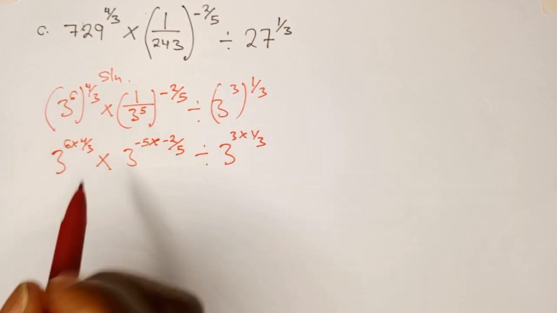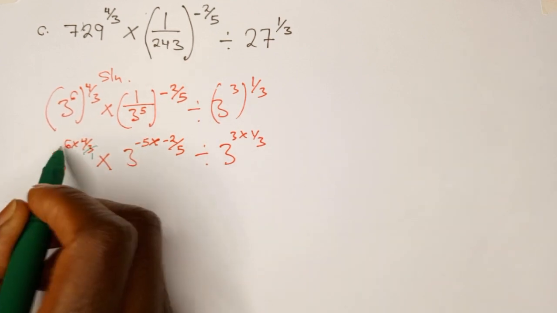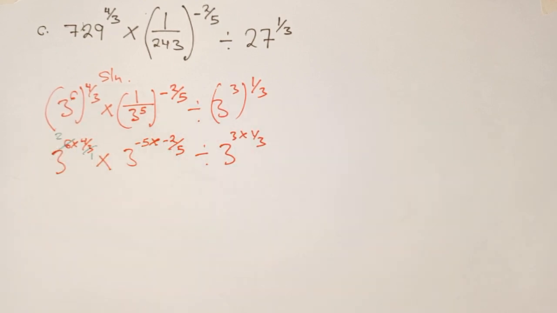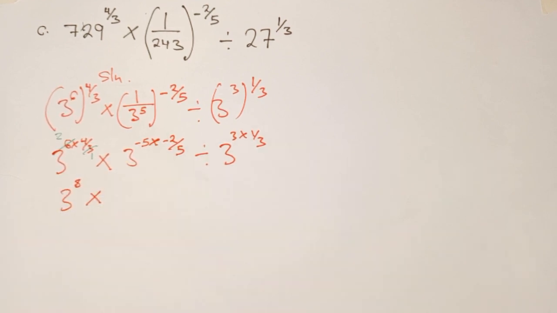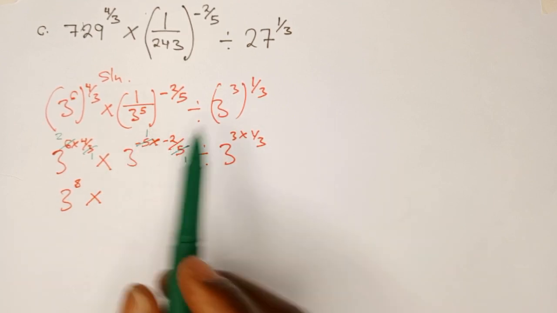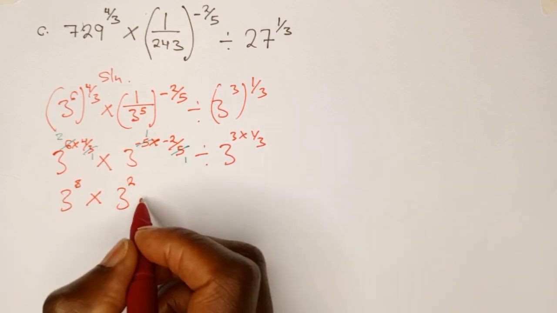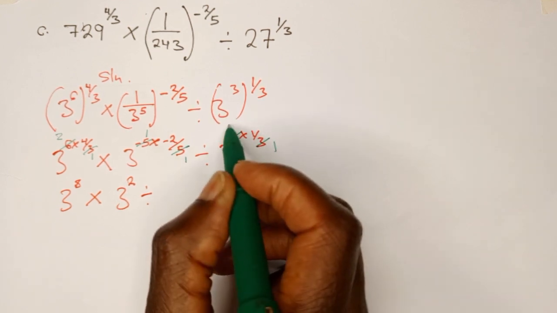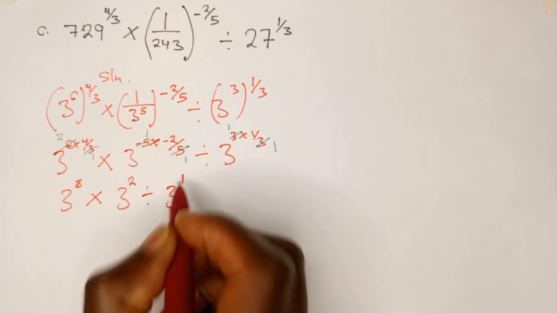If we simplify 3 into 3 twice, it will be 2 times 4, which is 8, so this will be 3 raised to 8. Then 5 goes into 5 once, negative 1 times negative 2 is positive 2, so this will be 3 raised to 2. Then divided by 3 raised to 1, since 3 into 3 is 1 times 1, which is 1.